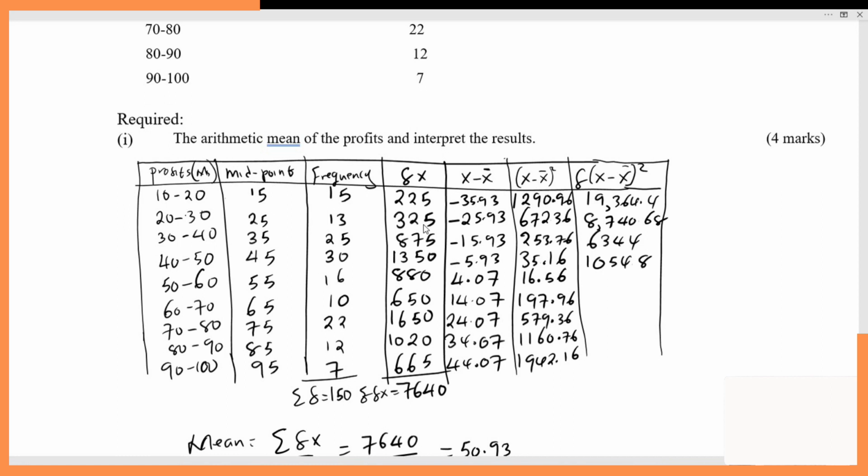Then 16.56 times 16 gives me 264.96. 197.96 times 10 gives me 1979.6.